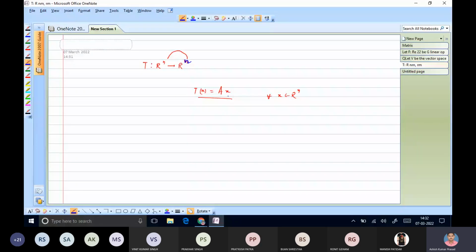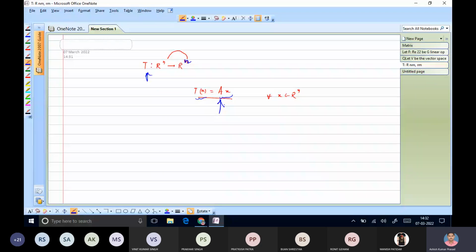Because T is a linear transformation from Rn to Rn, Tx is equal to Ax, so you can view matrix A as a linear operator, and hence it has a matrix representation.